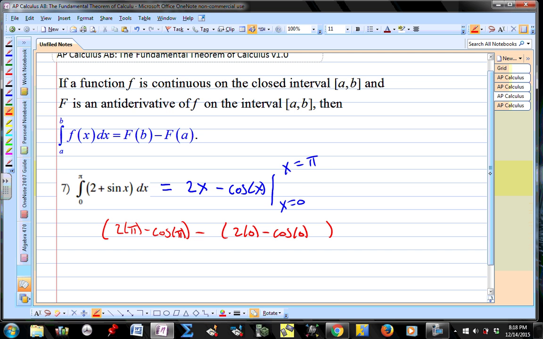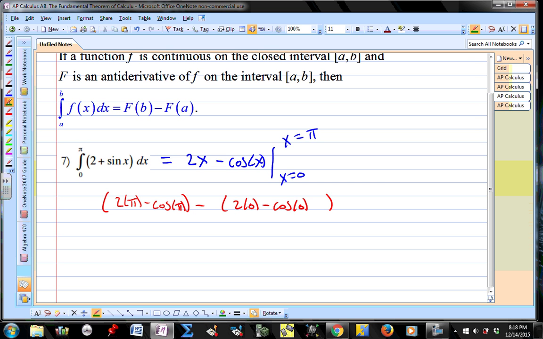And let's simplify. 2 pi minus, let's see here, the cosine of pi. Pi is over here. Cosine is the x-coordinate, so that's minus -1, minus 2 times 0, which is 0, minus the cosine of 0.